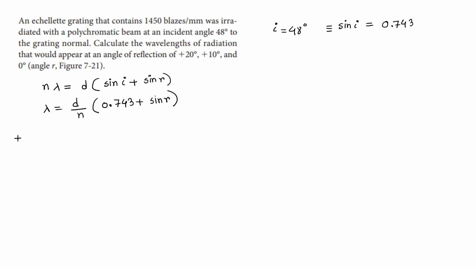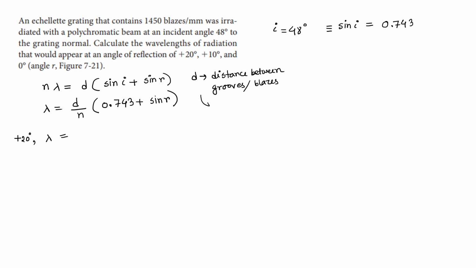So for plus 20 degree, what we are going to get, lambda is equal to, and d. What is the d? The distance between groups or blazes. Here you can see groups or blazes.